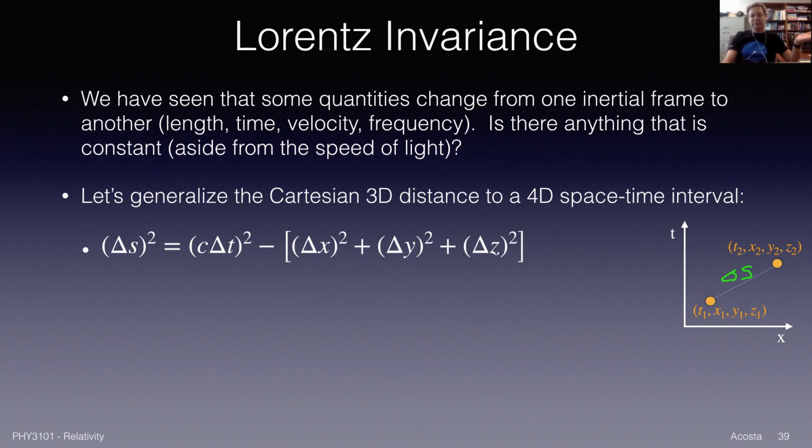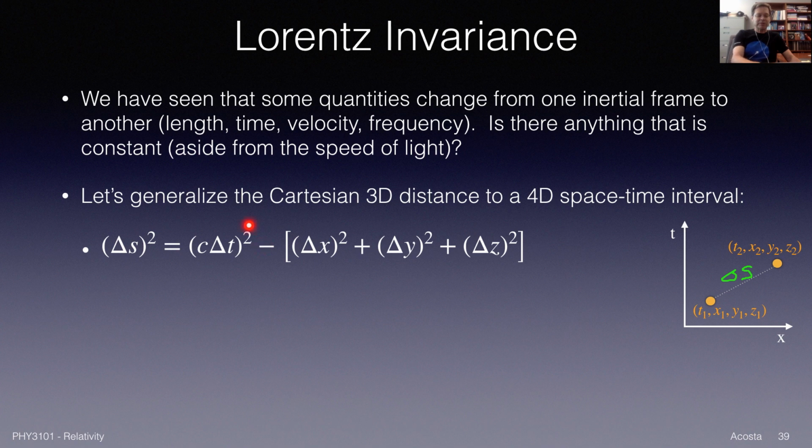But there's also x1. I show an x-axis here and a t-axis there. But also not shown is y1 and z1 for event 1 and y2 and z2 for event 2. I'm just showing the x and time components. But we have this expression for delta s, the quantity squared, and it's going to be a generalization of the Pythagorean theorem, right?